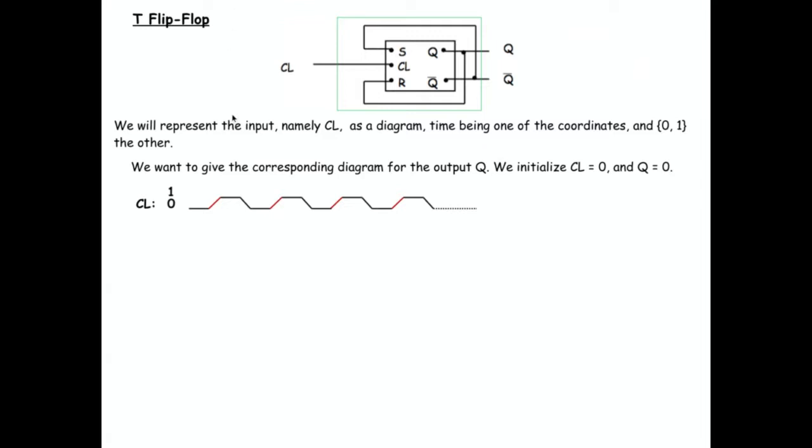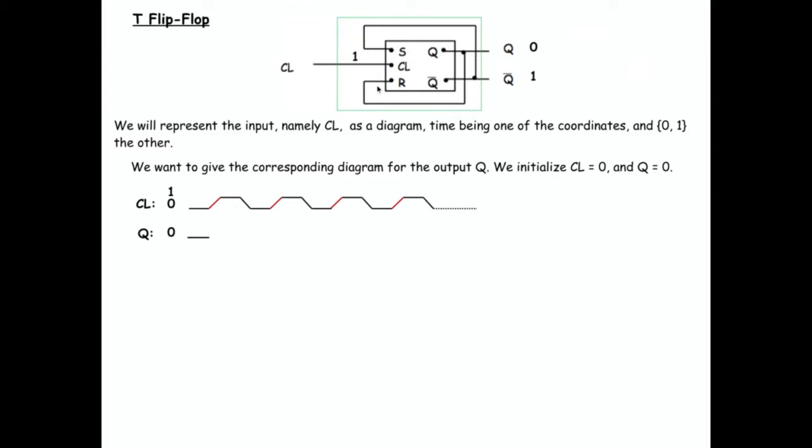Eventually it will rise to 1 right here. And there is the Q, also starts at 0. And so here Q starts at 0, so Q prime will have to be 1. Okay.